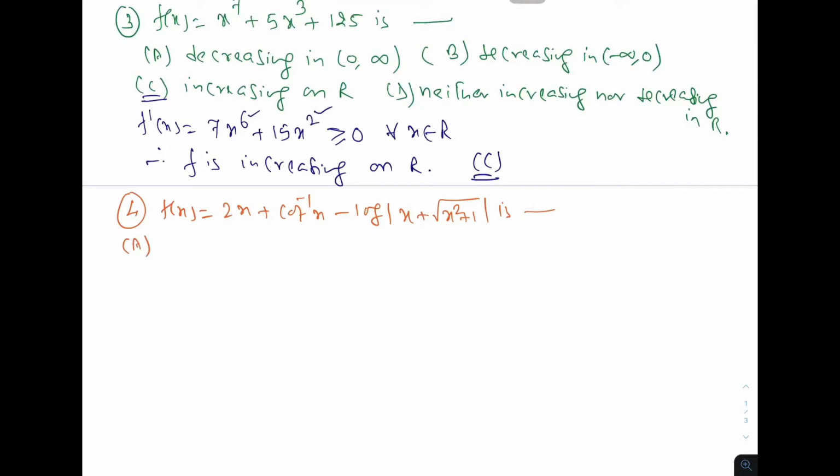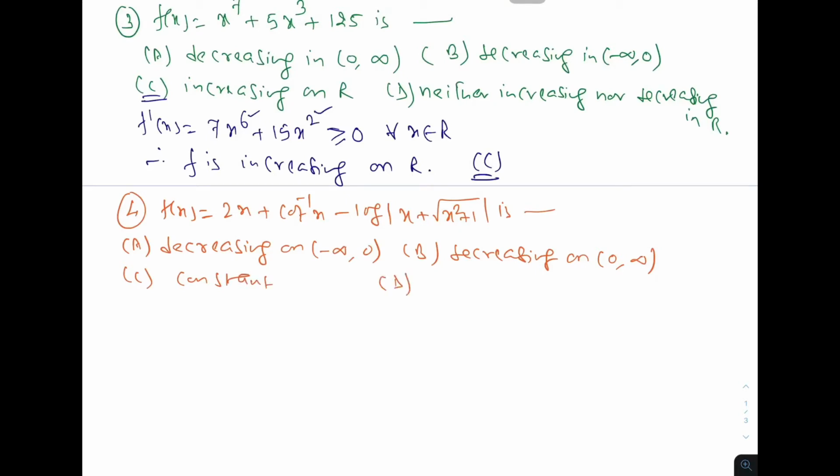Options are decreasing on minus infinity to 0, then decreasing on 0 to infinity, constant, increasing on R.